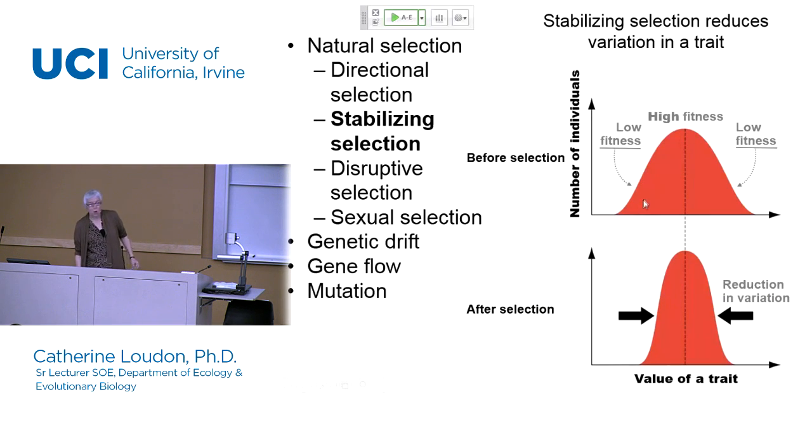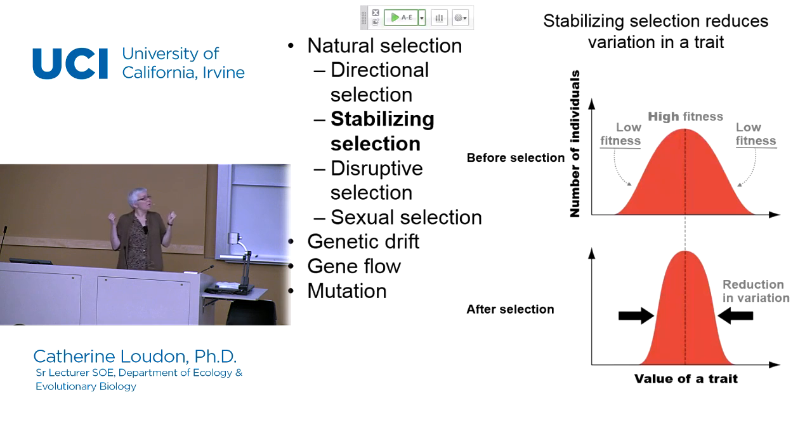Again, we're starting with a trait that is normally distributed, as shown here in the top part of the panel, but now we have a different pattern of how fitness relates to the value of the trait. We now have particularly high fitness for those individuals that are right there in the middle in terms of their value of the trait, and individuals on the two extremes are characterized by low fitness.